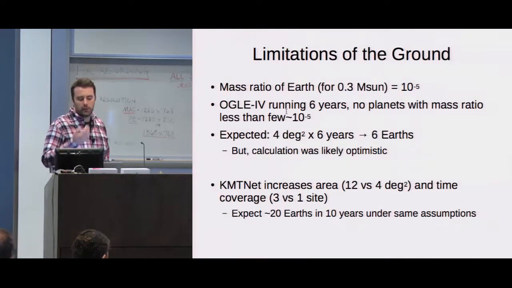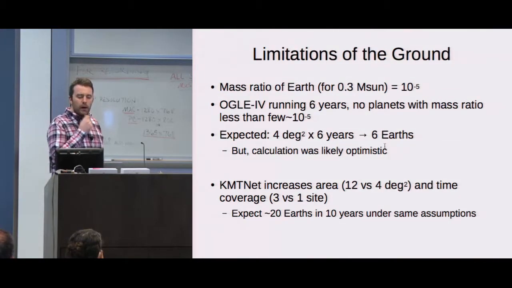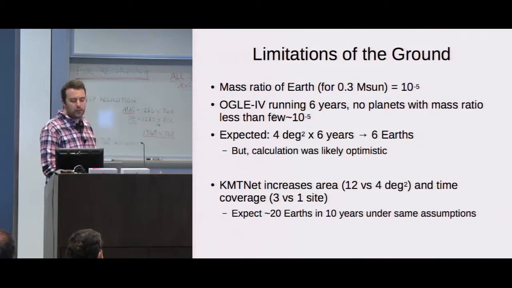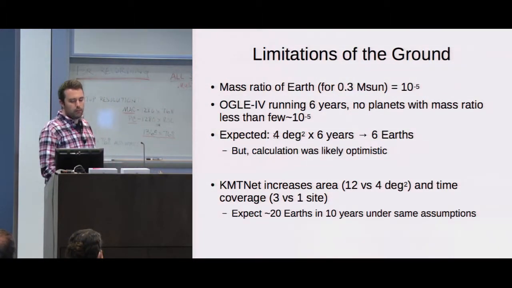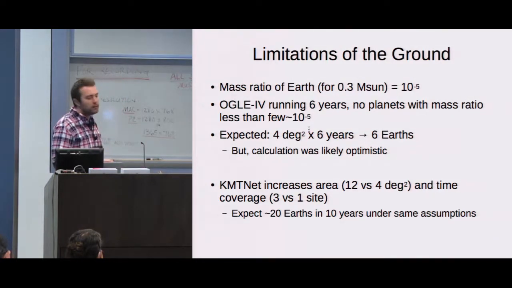OGLE-IV, the phase that has its widest field camera, has been running for, I think, 6 years now. So we've either got 0 or maybe 2 planets, depending on how you count from this survey. And if you multiplied through all the area that they monitor for the duration, you'd maybe expect 6.